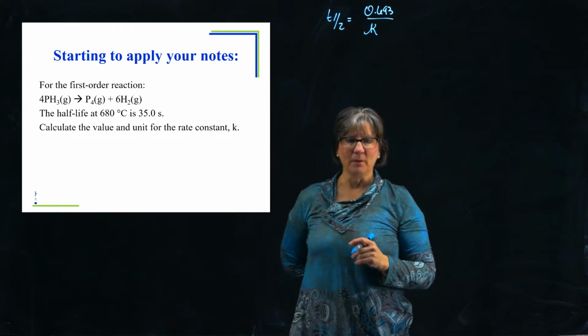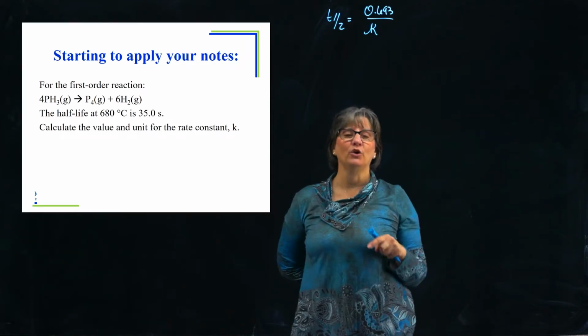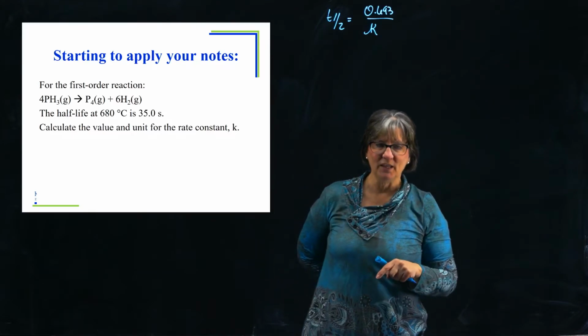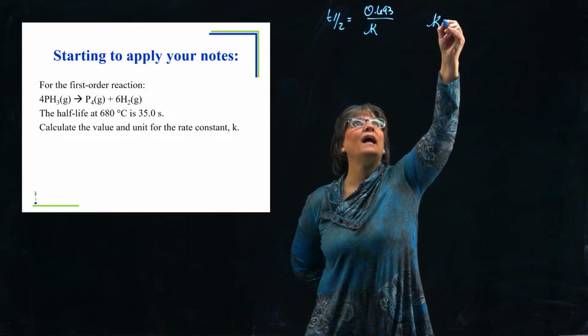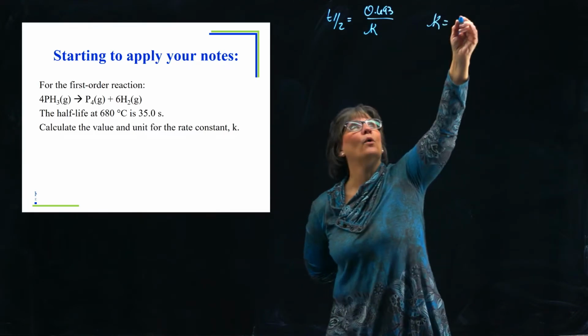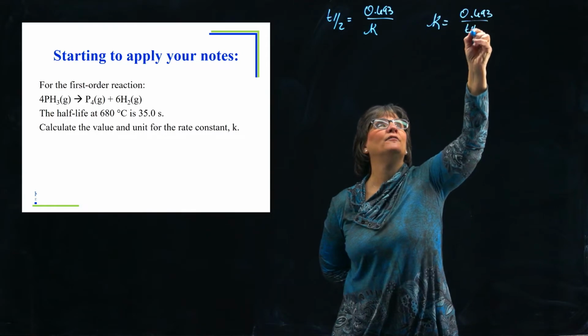So in this problem, we were told the half-life, and we're trying to obtain the value of k. So let's put the information in. Actually, let me go ahead and just solve for k. Therefore, k is equal to 0.693 divided by the half-life.